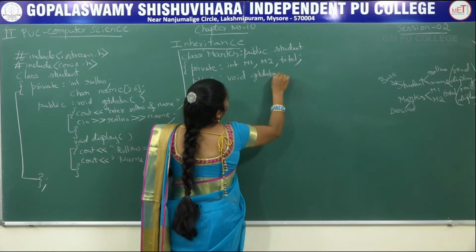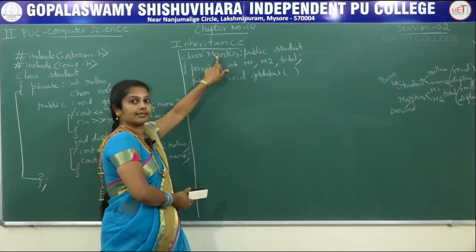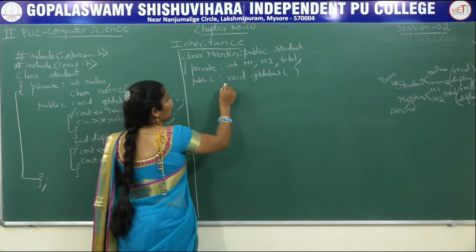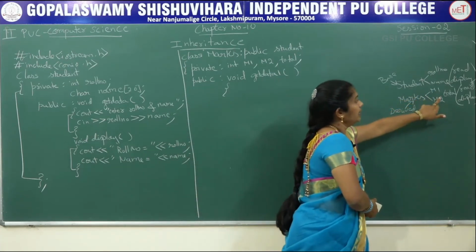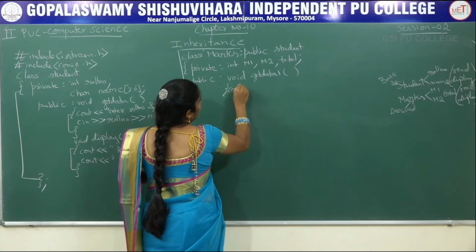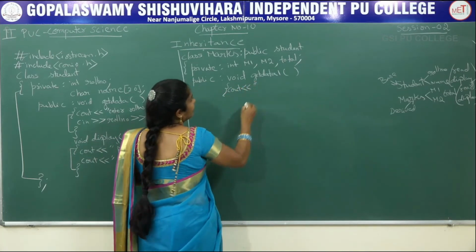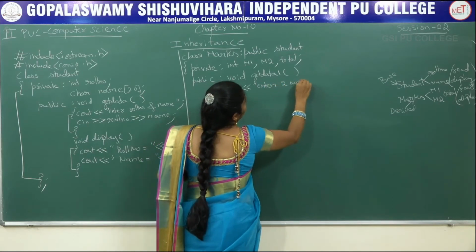Get data 1 is the function of the marks class. Now which variables do I have to input? I have to input marks 1 and marks 2, then I have to find the total. Then cout, insertion operator, enter 2 marks.